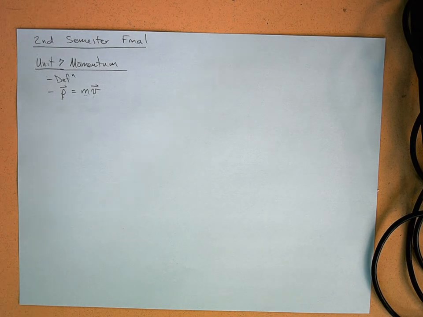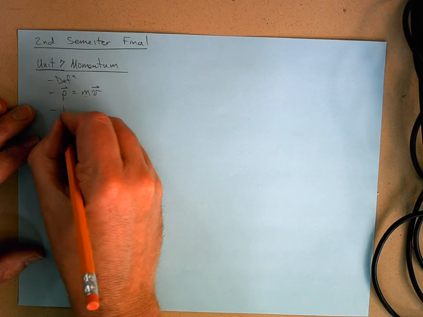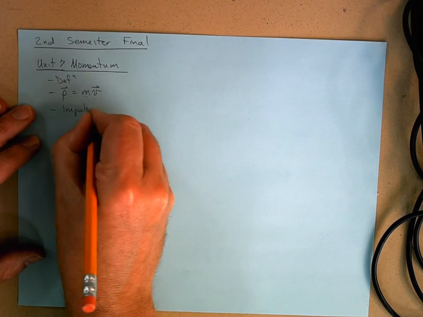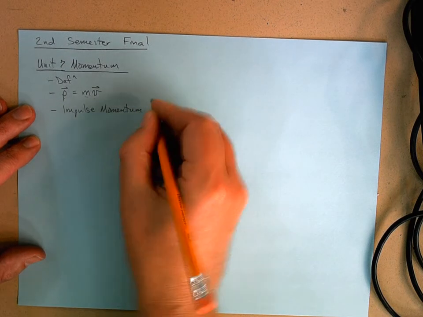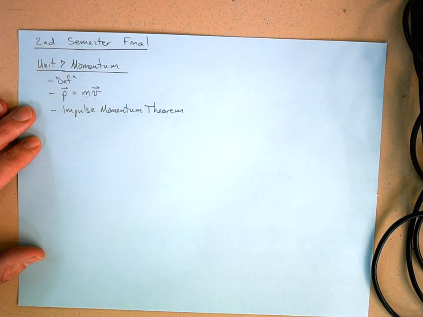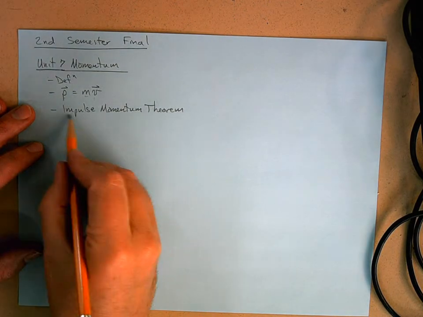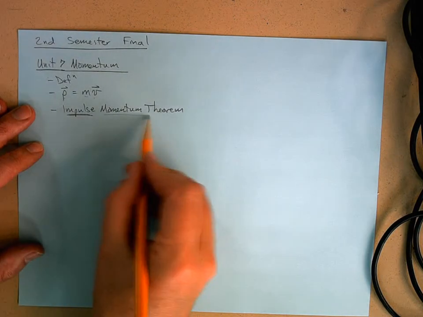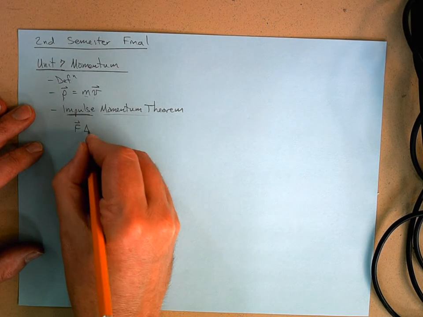Then we talked about the impulse momentum theorem. Very simple. You have to know what an impulse is, and you have to know what the change in momentum is. An impulse is a force times time.